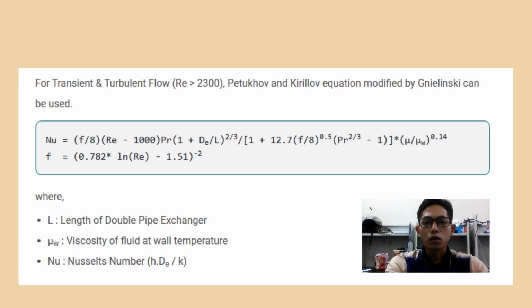For transient and turbulent flow, Reynolds greater than 2300, the Petukhov and Popov equation modified by Gnielinski can be used, where L is the length of the double pipe exchanger, μw is the viscosity of fluid at wall temperature, and Nu is the Nusselt number.